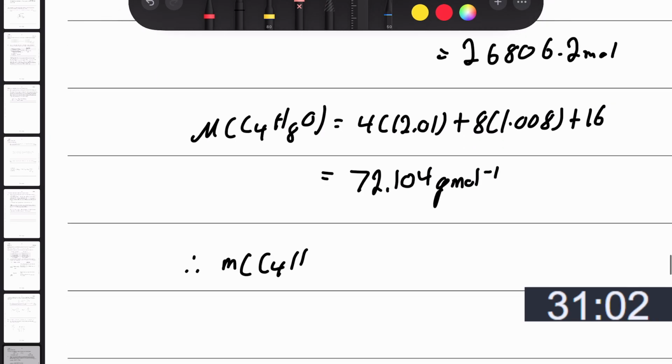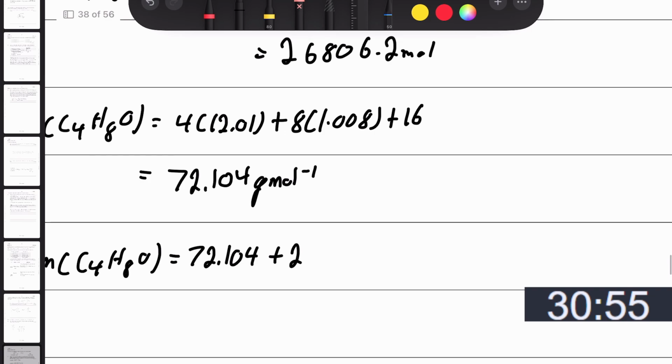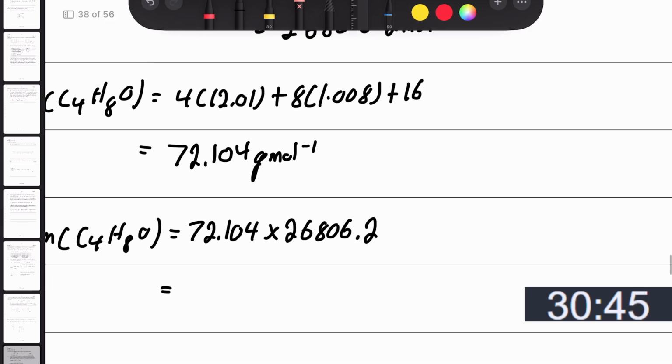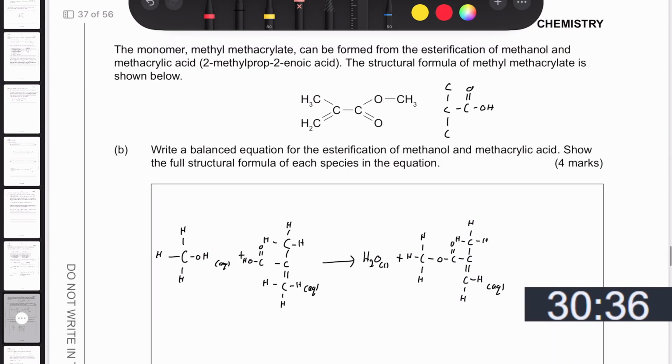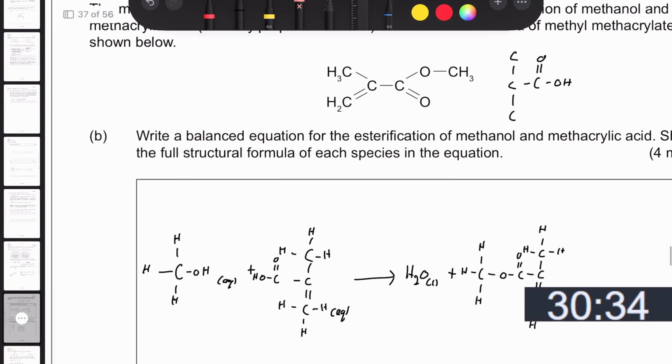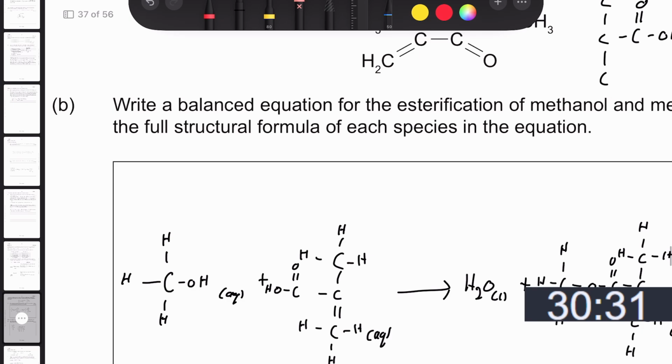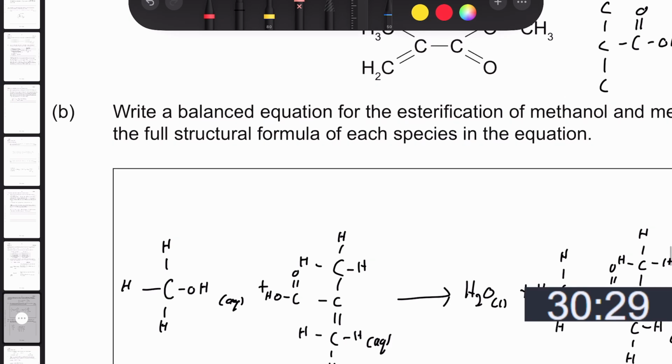So the mass of C4H8O is 72.104 times 26806.2, which is about 1.93 times 10 to the 6 grams.